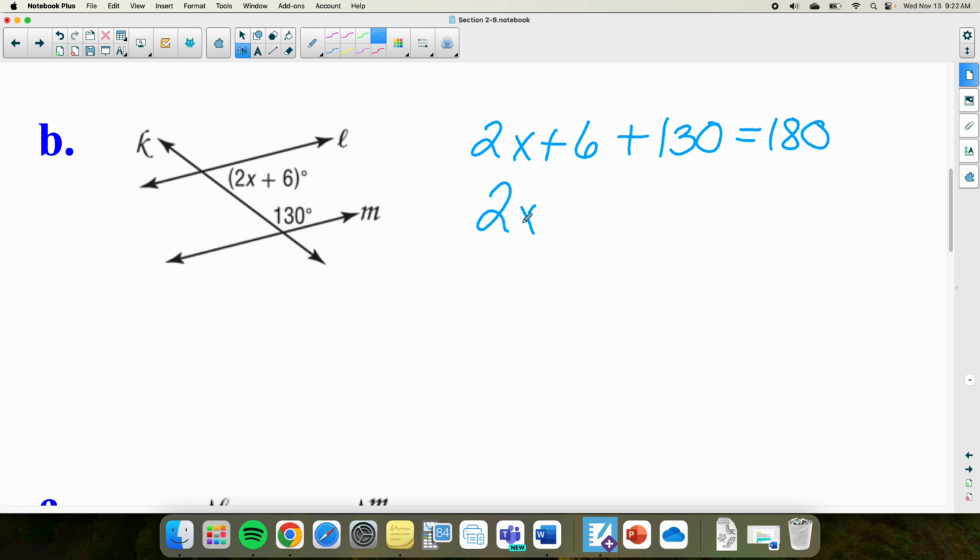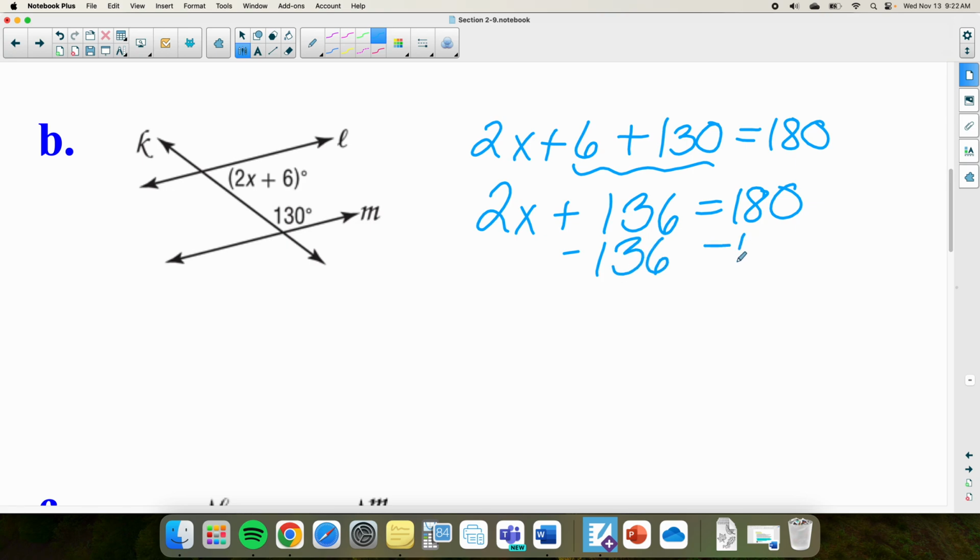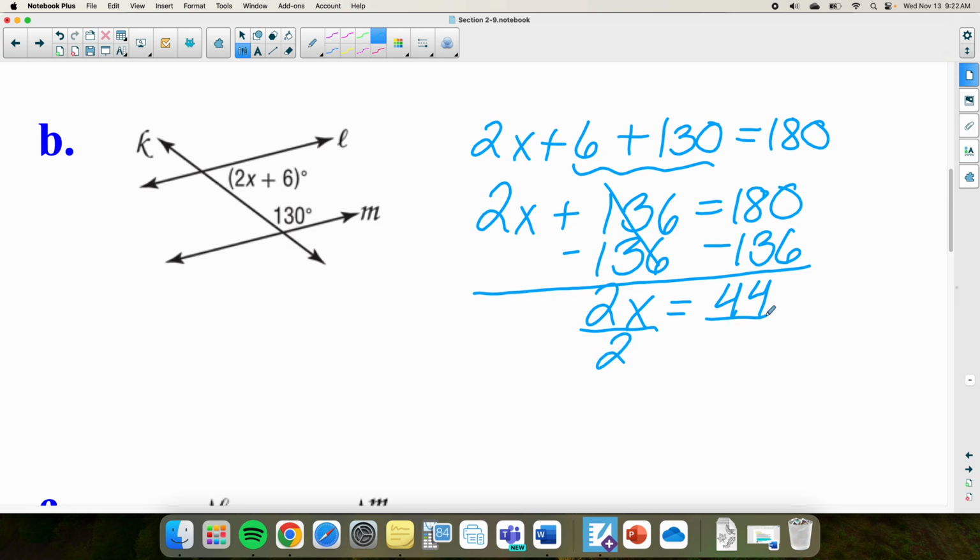So then I go 2x plus 6 plus 130 is 136. Then I'm going to subtract 136. And I get that 2x is 44. Divide by 2, and x is 22. Okay.